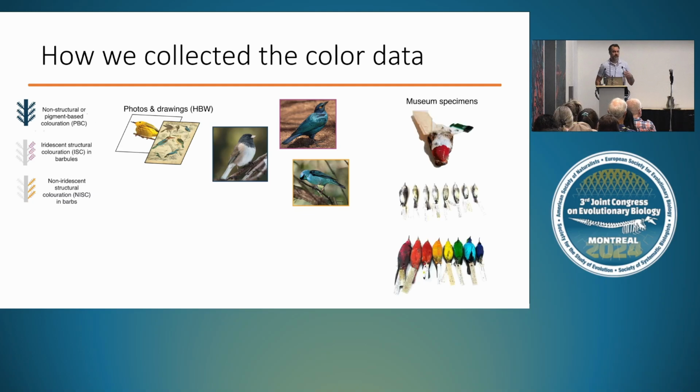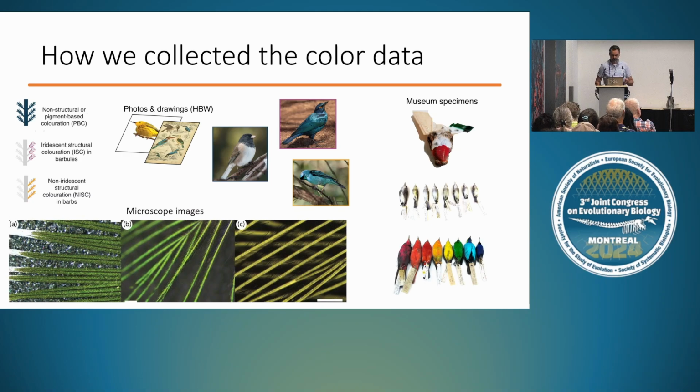So we looked at 6,000 to 8,000, I think, different species in museum collections. In some cases, we were still a little bit puzzled by what the color mechanism was, so we used microscope images to tease that apart. So here are just some zoom-ins of these feather structures. The cool thing is we did around 10,000 species, but we made about 35,000 scores by individual readers.